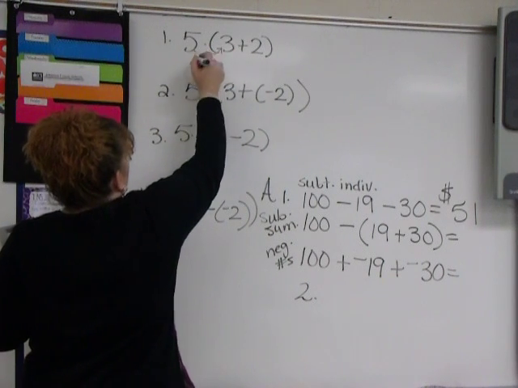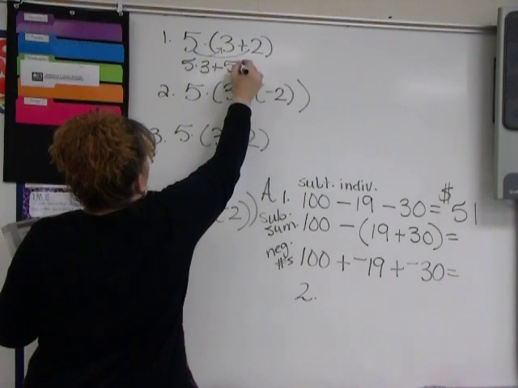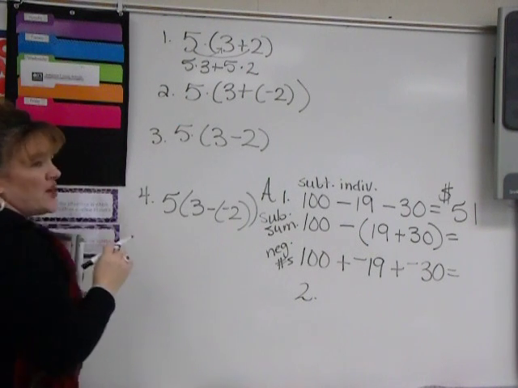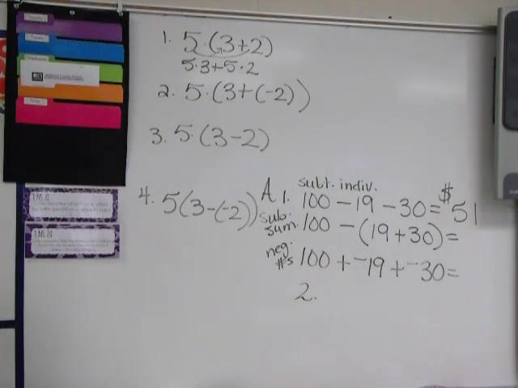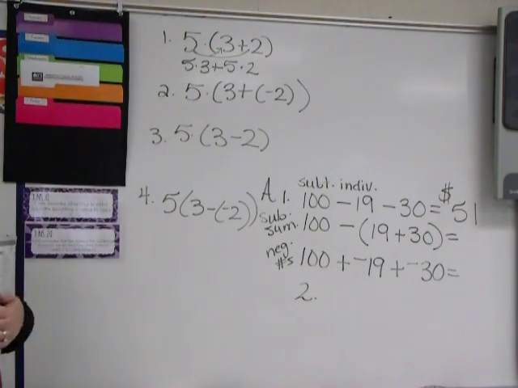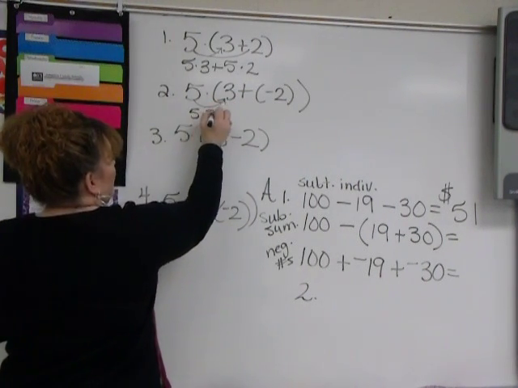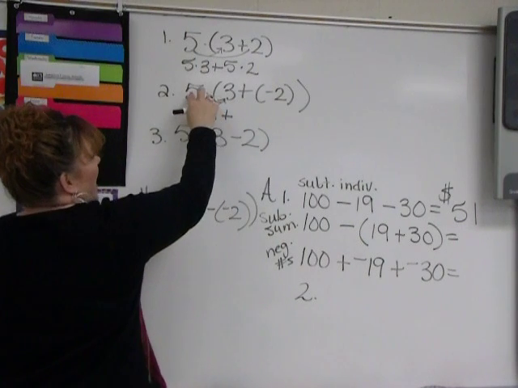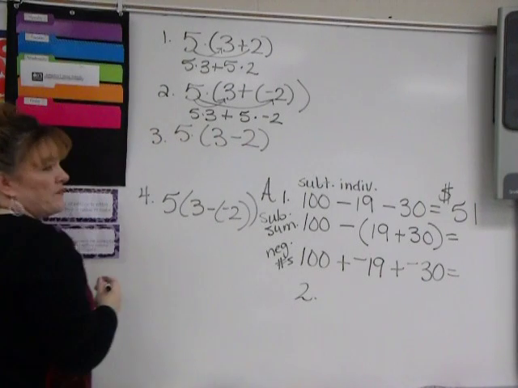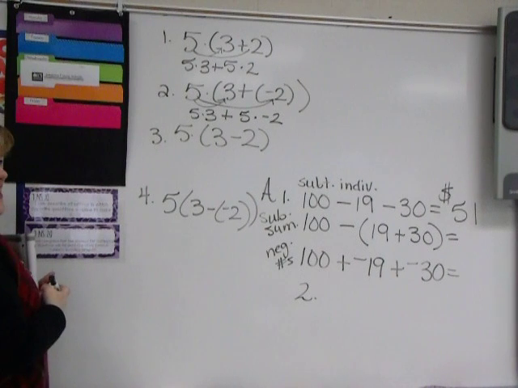So 5 times 3 plus 5 times 2 is what you should have written for number 1 on that first line. It only wanted you to turn these factored forms into expanded form. Number 2, 5 times 3 plus 5 times negative 2. Turning this factored form into that expanded form.